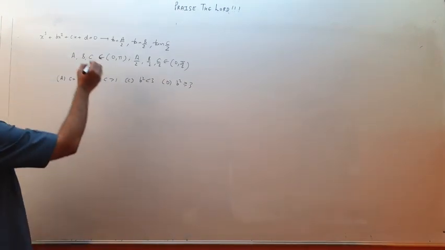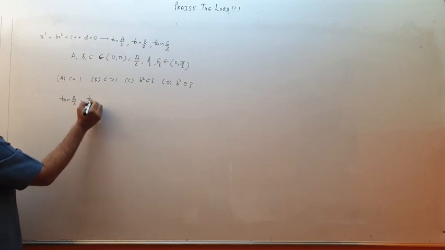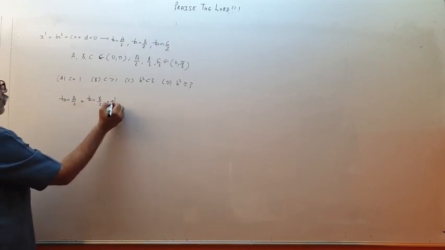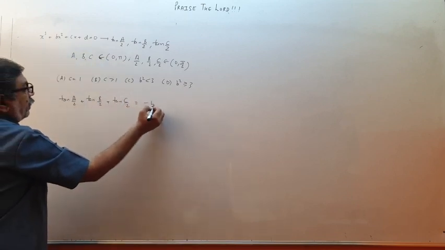See, children, one thing is very clear. Tan A by 2 plus tan B by 2 plus tan C by 2, the sum of roots, is minus b.